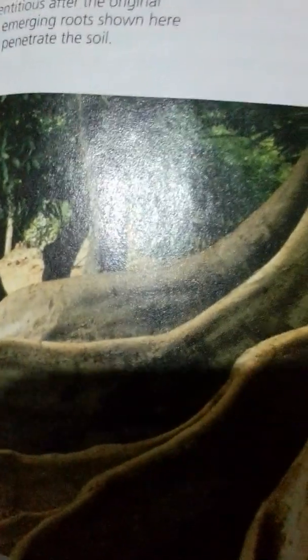Another modified root is the buttress root. Aerial roots that look like buttresses support the tall trunks of some tropical trees such as this ceiba tree in Central America.